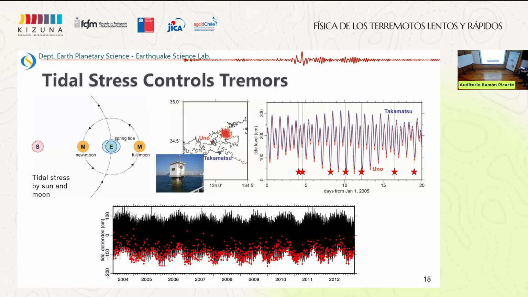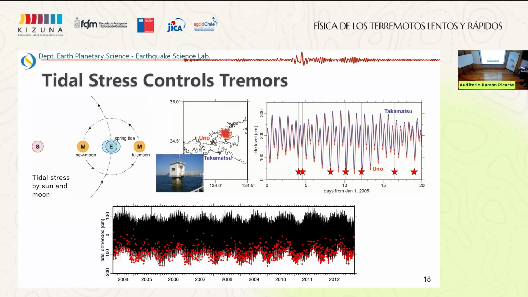So our interpretation is that in this area, tremor occurs under the sea, this inland ocean in Japan. When the ocean water mass is moved by tide, the pressure decreases, and the plate interface is likely to slip because the overriding pressure decreases.